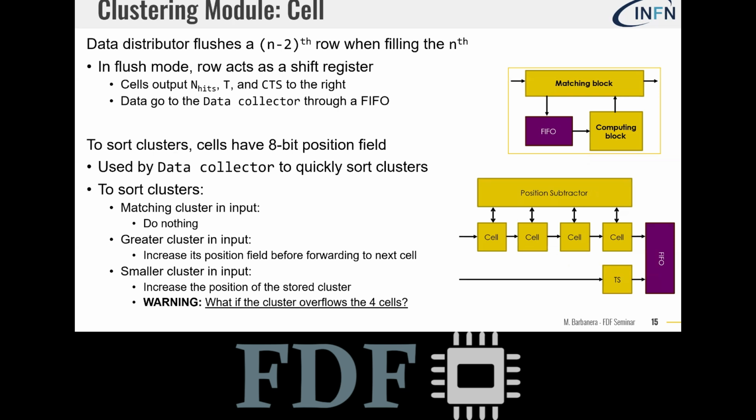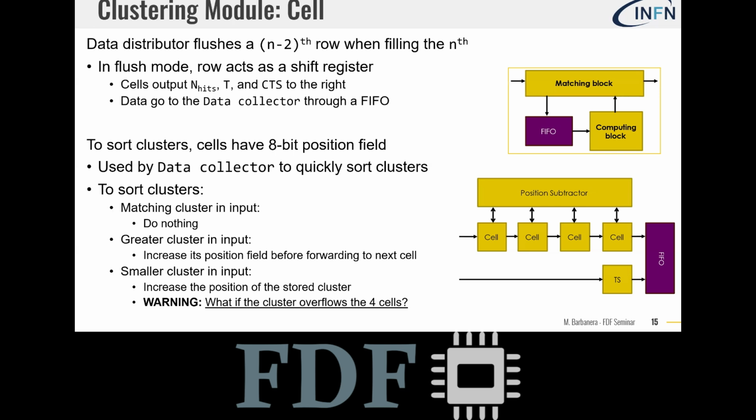The data distributor, when it finishes a row, can flush the n-2 row, so that in that case the row just acts as a shift register, passing the number of hits, the time of the clusters and the cluster time sum to the cell to the right, just like a normal shift register.